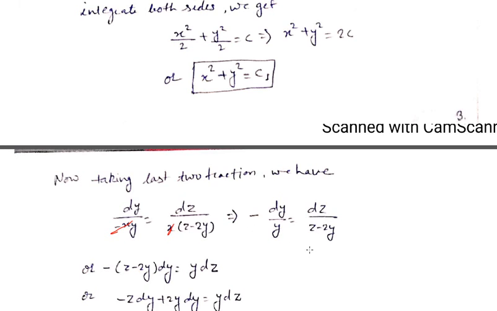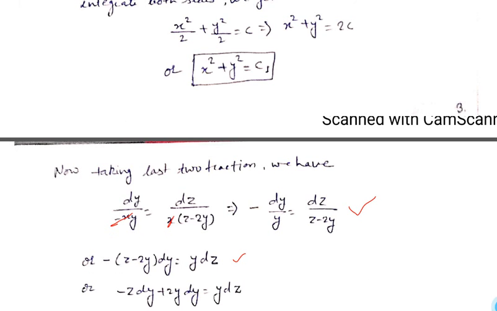Now further we simplify this and we get minus of z minus 2y dy is equal to y dz, or here we can say multiply this equation with y into z minus 2y. So we get this form of the above equation.